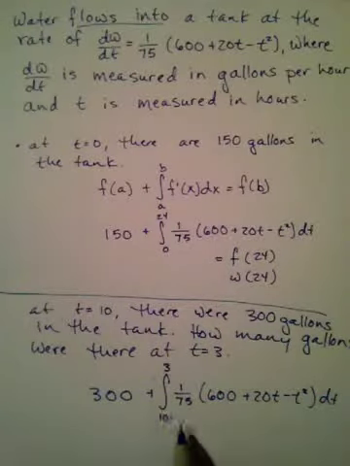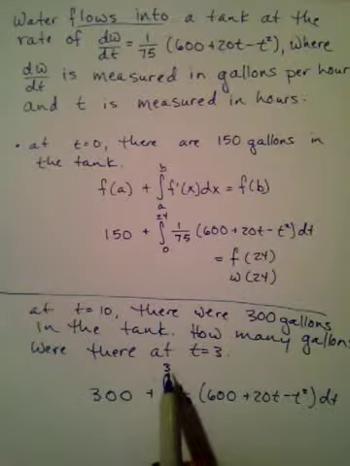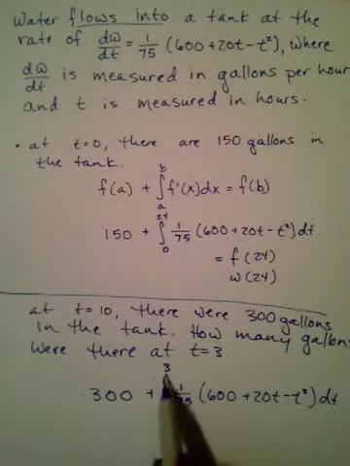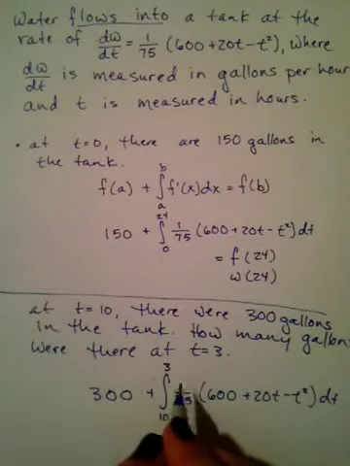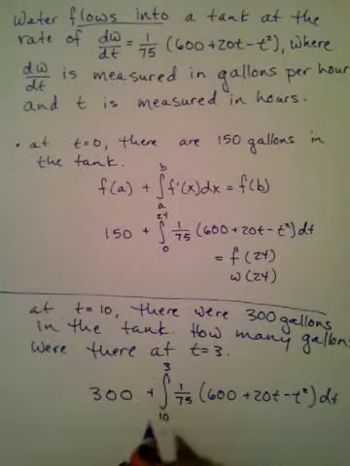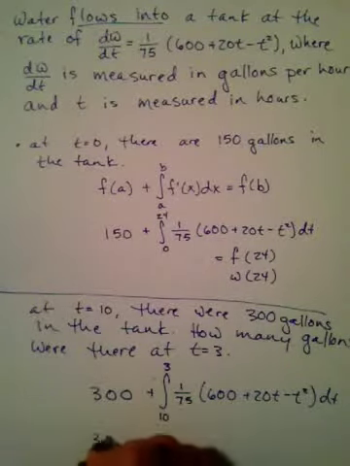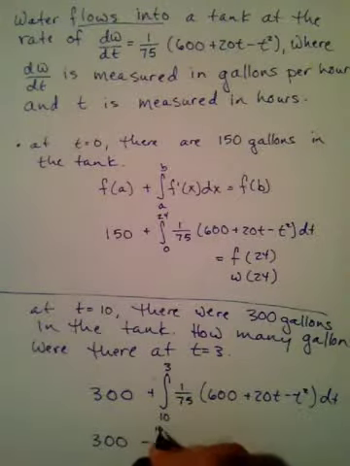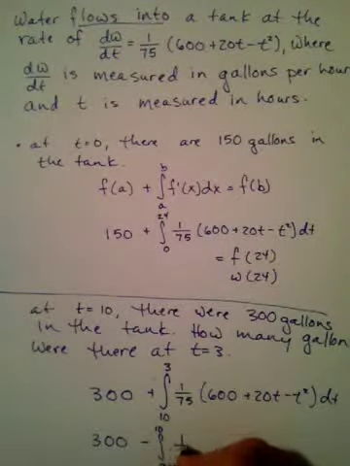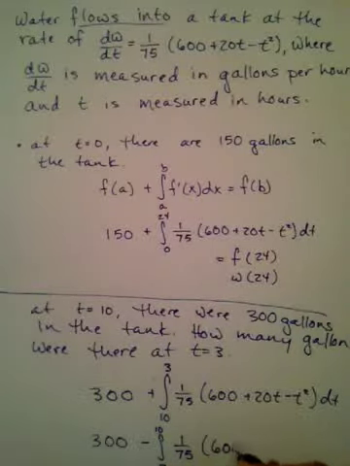Well, this turns out to actually be the subtraction I need, because if you look at my limits of integration, it's from 10 to 3. Normally when we integrate, we would integrate from 3 to 10 for this function, and from 3 to 10 this function is positive, but when I switch that, 300 minus the integral from 3 to 10, I'm going to be subtracting out just like I should, so I will end up with a smaller number than what I started with.